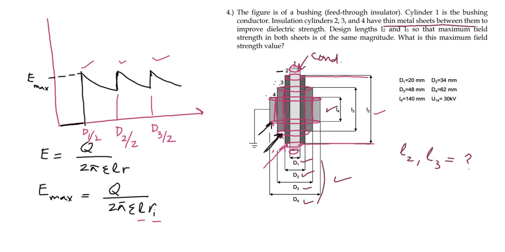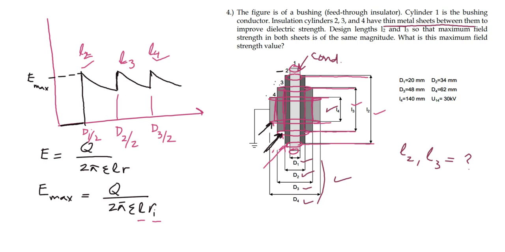Then at the interface between the first and the second layer of insulation, we have length L3. Then we have length L4. So at this point we will take L2, at this point we will take L3, and at this point we will take L4 as lengths.